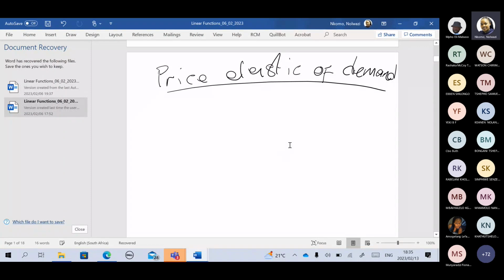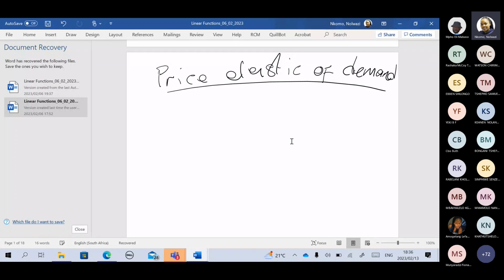So knowing this helps you take decisions easily on whether you have to change the price of your product or not. In simple words, going back to the definition in our study guide, the price elasticity of demand is a measure of how demand responds to a rise or fall in the price of a good or service.